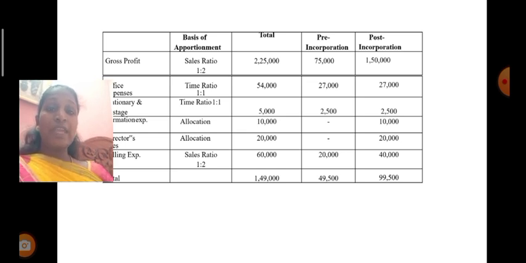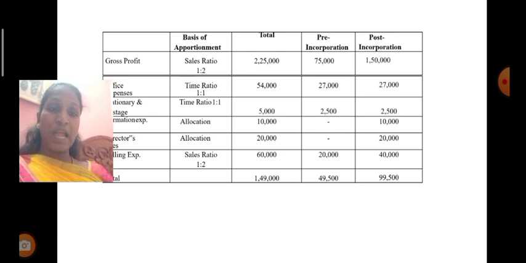We have seen in the previous slide which items are to be allocated in the sales ratio and which in the time ratio. Gross profit comes under the head of sales ratio. So the sales ratio is 1 to 2. The total amount is 2,25,000.